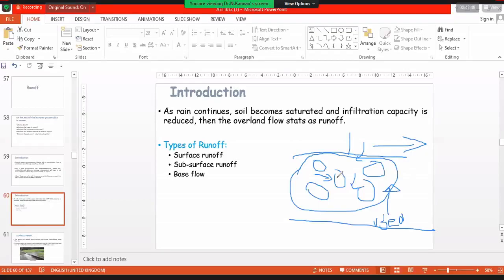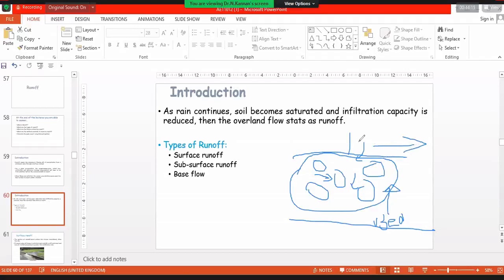We will talk about capillary water because that is readily available for plants to grow. We will see that later when we talk about irrigation. So when you send water into this system, it is important to confirm that the system has been saturated to have this overland flow.